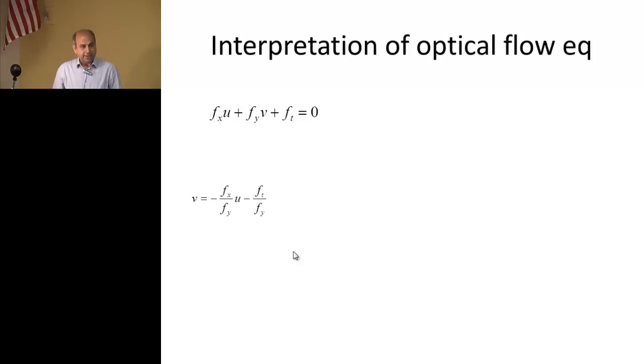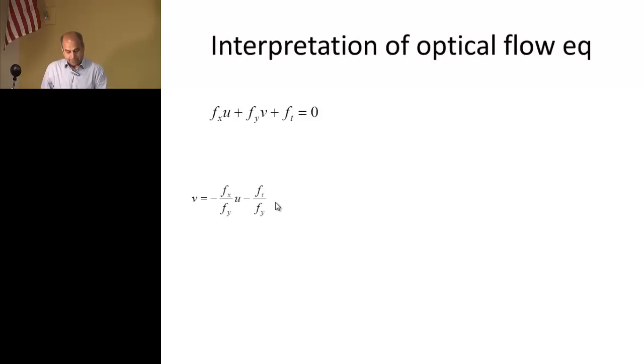The line is in u and v coordinates. So v is given by this, because I brought the other terms to this side, so they become minus fx u minus ft, and then divided by fy, which is shown here. So this is the equation of a straight line in u and v space.